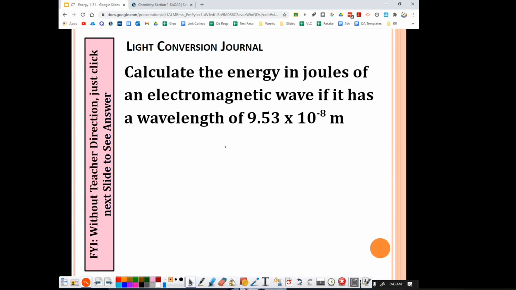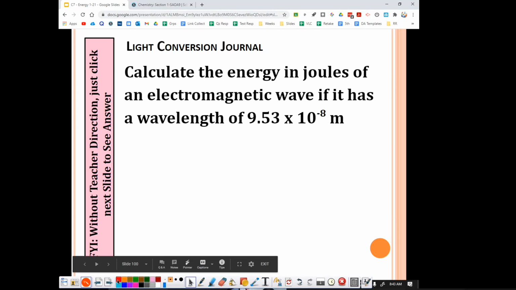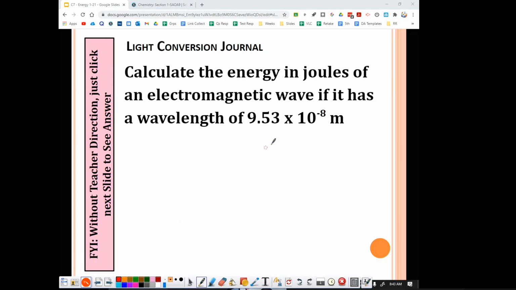So here we go. Calculate the energy from a wave if it has that wavelength. So first off, because it is sitting there and saying it has a wavelength right here, this means we are going to use the wave equation. Now, if we are using the wave equation, we are going to get frequency.